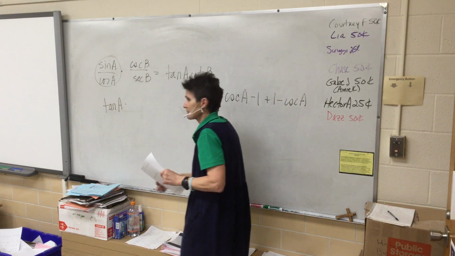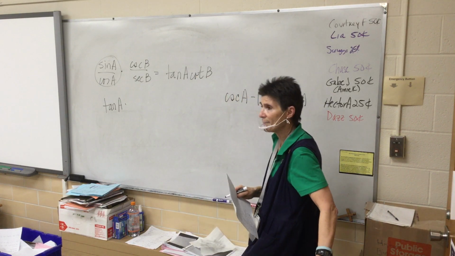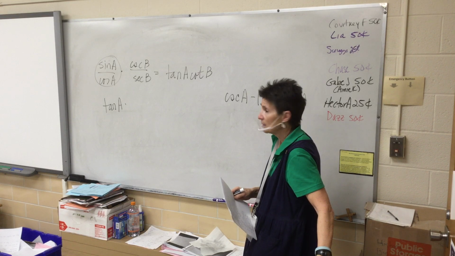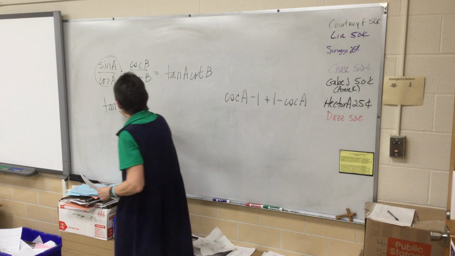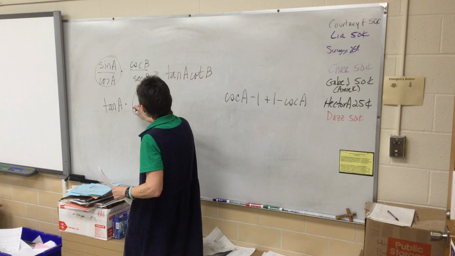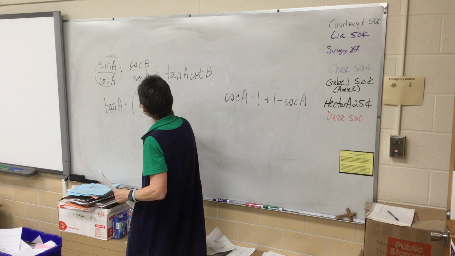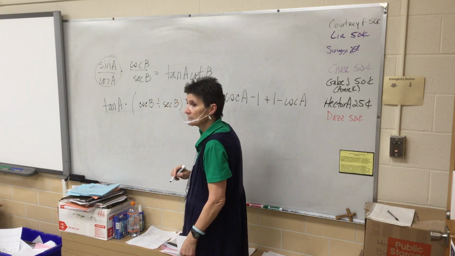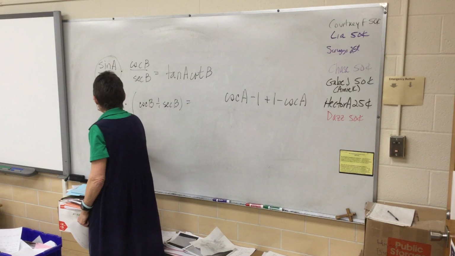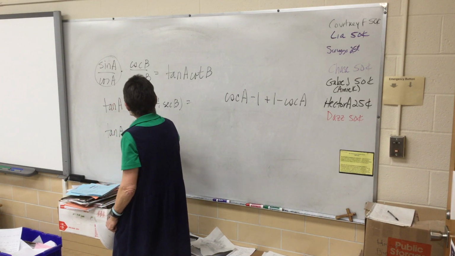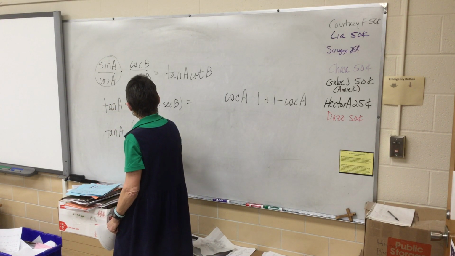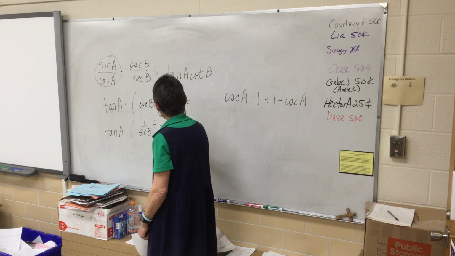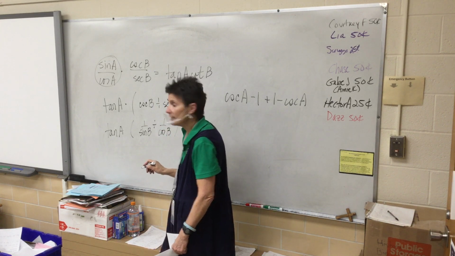Now what about this? Do you have any ideas on how to handle that? Well, I'll put it in parentheses, but can I think of that as cosecant B divided by secant B? Can I think of it that way? And so then it would be 1 over sine divided by 1 over cosine, and then I'll flip it.